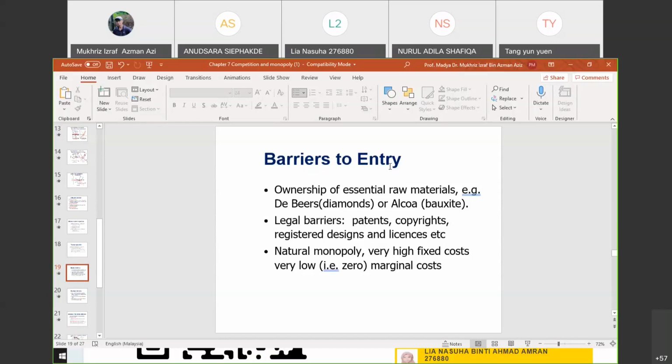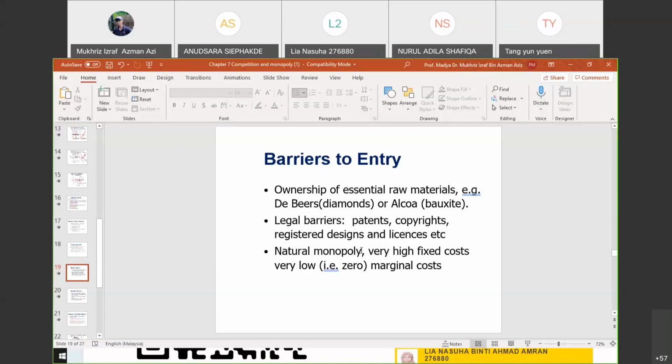Barrier to entry, usually, for example, you need some license so that only certain companies can get access to the material, or because of patents and copyrights. Once you obtain the copyright or patent, no one can do the same thing as what the company is doing. Or natural monopoly.